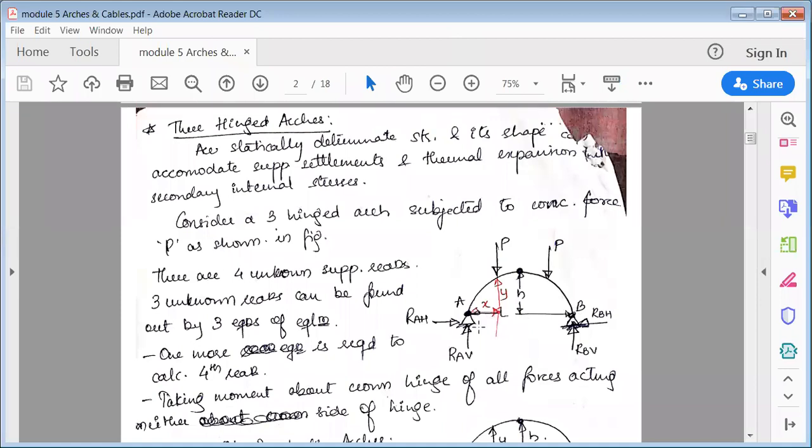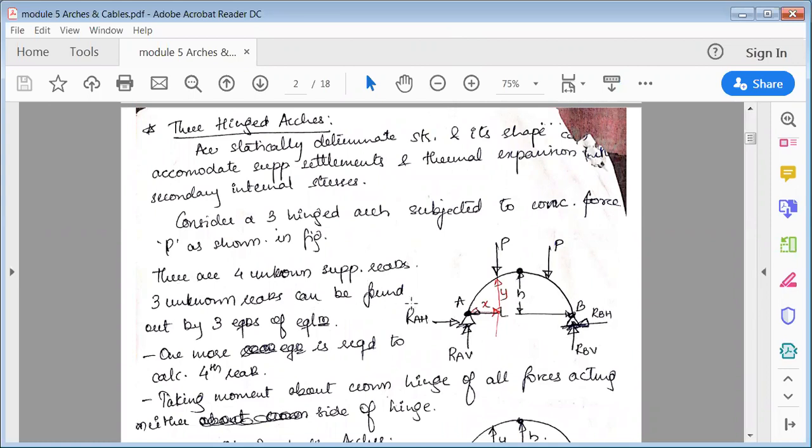So these are the two supports with their reactions. So basically now the end supports have four reactions, 1, 2, 3, 4. Okay, but the equations of equilibrium are only 3. So see here, there are 4 unknown support reactions, 1, 2, 3, and 4.